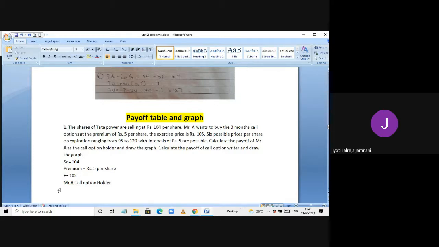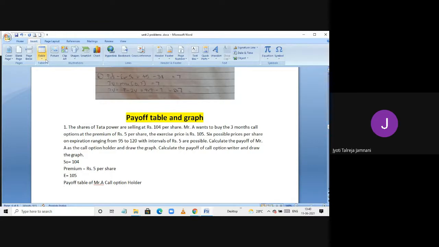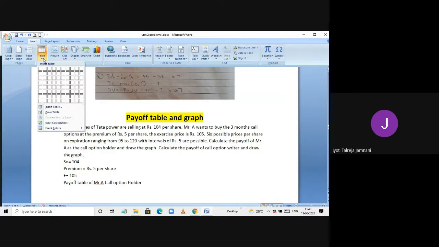I'll write here: payoff table of Mr. A, who is a call option holder. So how do we find his payoff? We do a table and I will show you how. If you're doing it with me, you can draw a table with 6 columns and 7 rows.